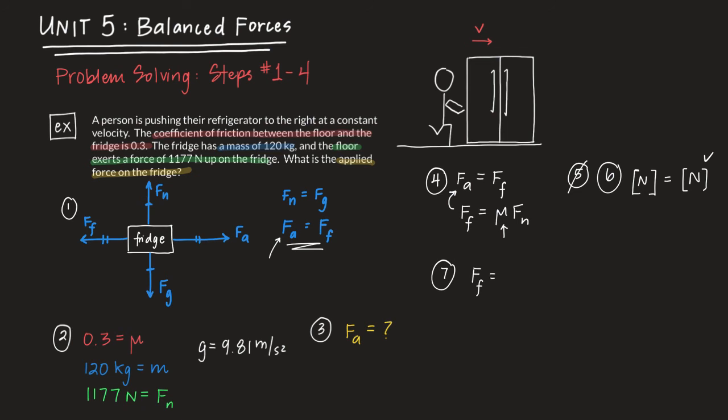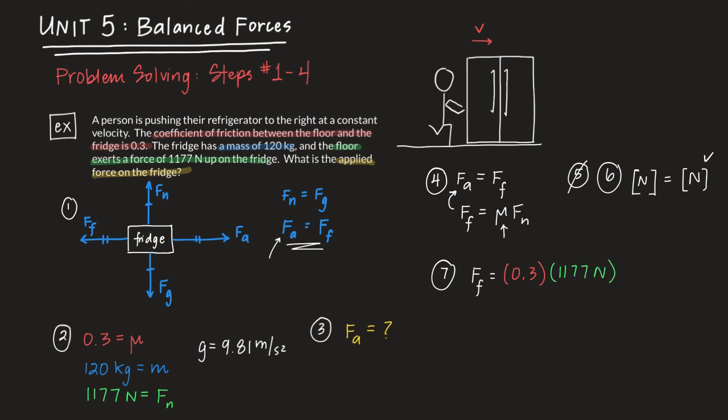Next up, step 7. I'm going to first find the force of friction. My mu, my coefficient of friction, is 0.3, no units. I'm going to multiply that by the normal force, which is 1,177 newtons.